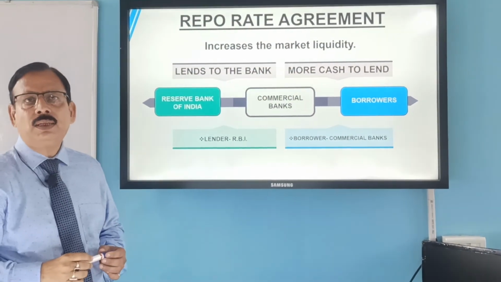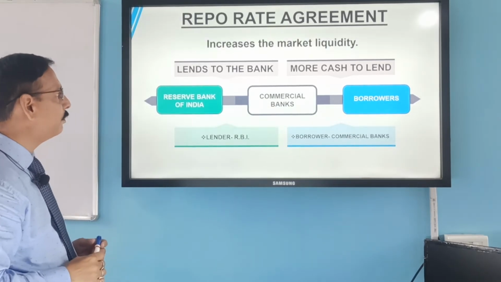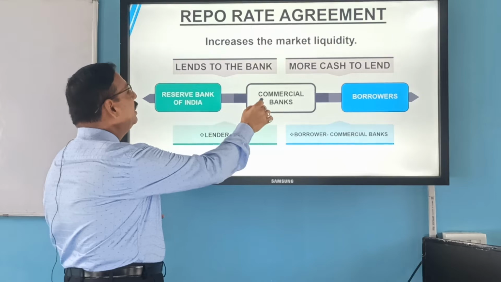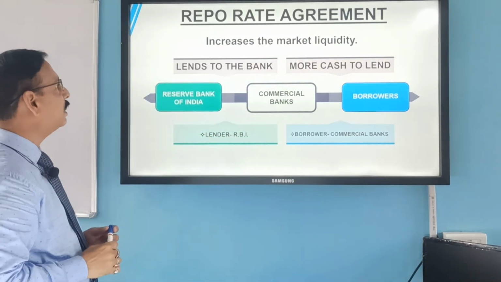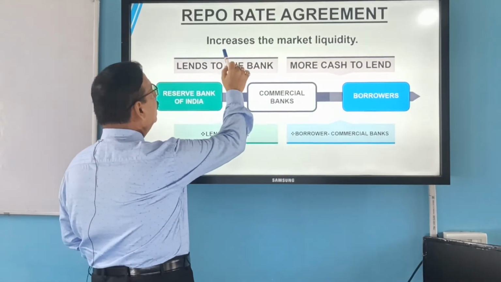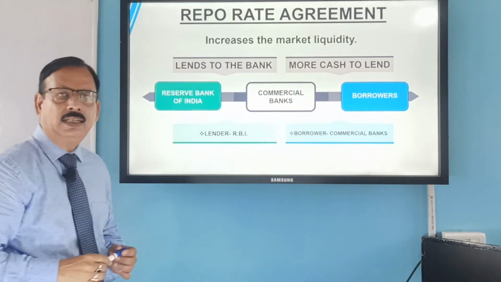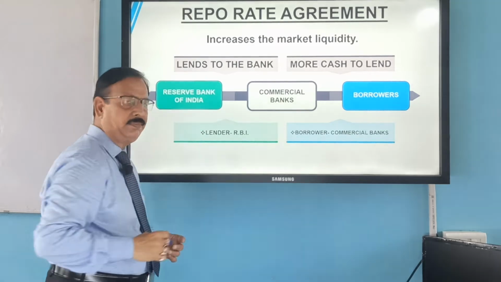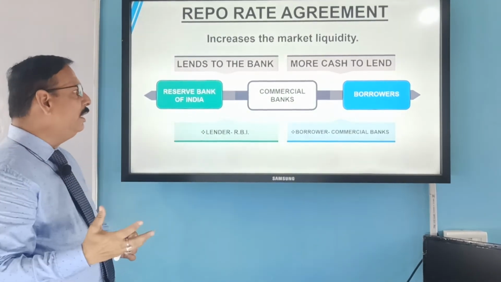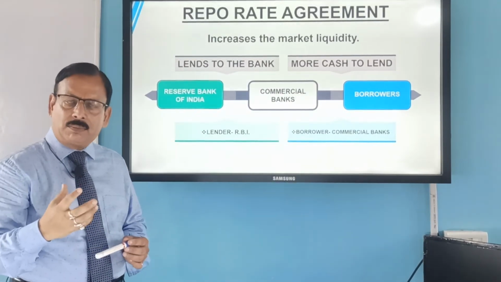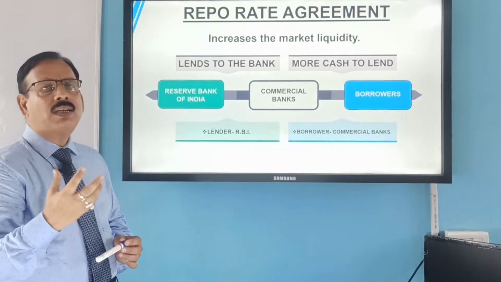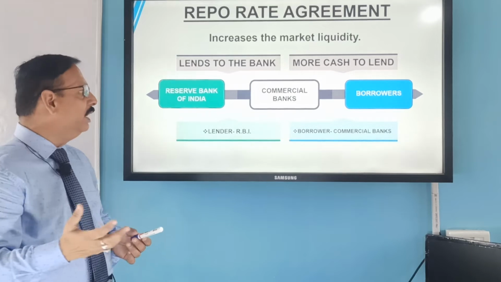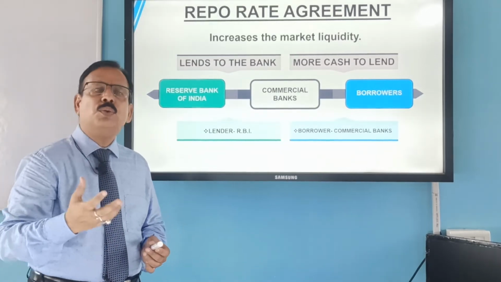That is to commercial banks. Once RBI will lend money to the commercial bank, then what will happen? Increases the market liquidity. It means what? More cash will be with the banks. And when the more cash is with the commercial banks, then what they will do with the cash? Naturally, they will give loan, those who will need it.